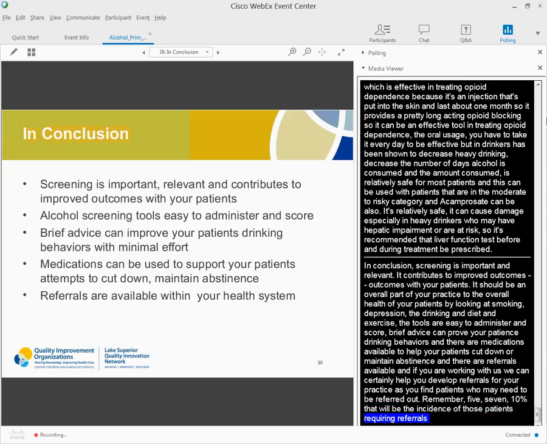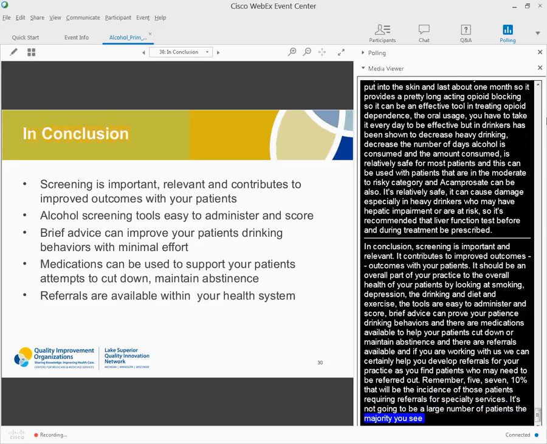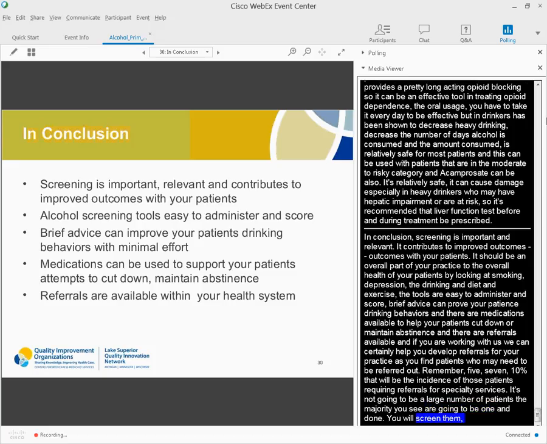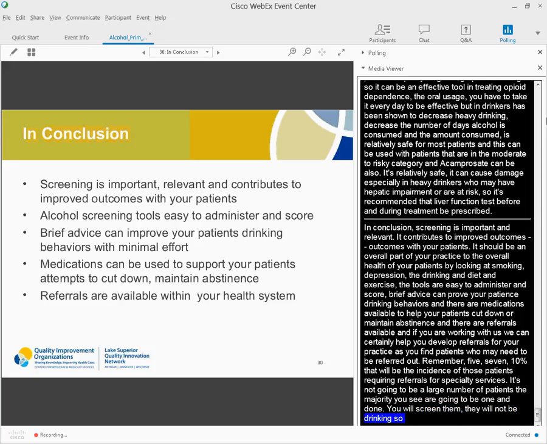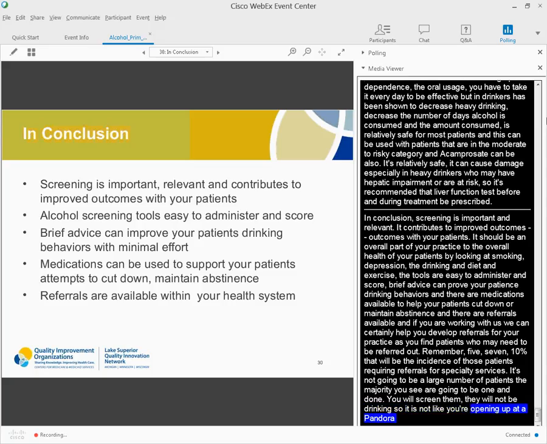The majority of the patients you see are going to be one and done. You're going to screen them. They're not going to be drinking, or they're not going to be drinking at levels that require intervention. So it's not like you're opening a Pandora's box of problems if you decide to start implementing alcohol screening in your practice.